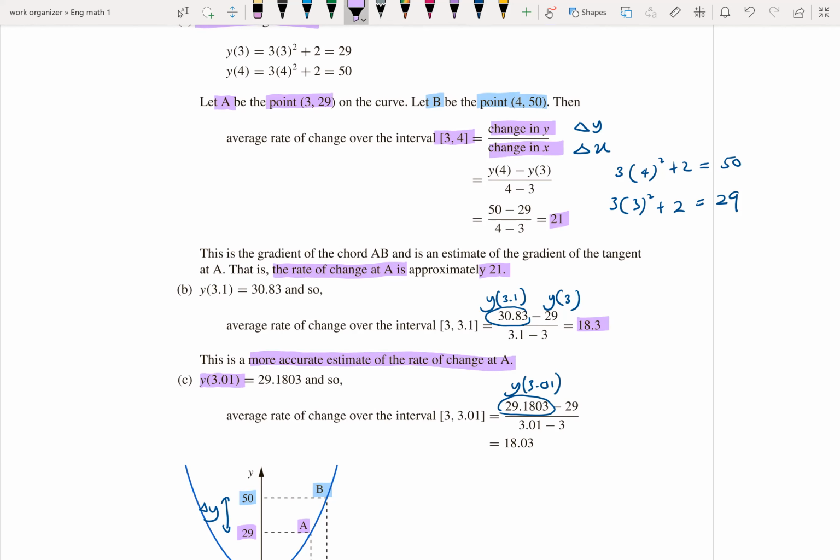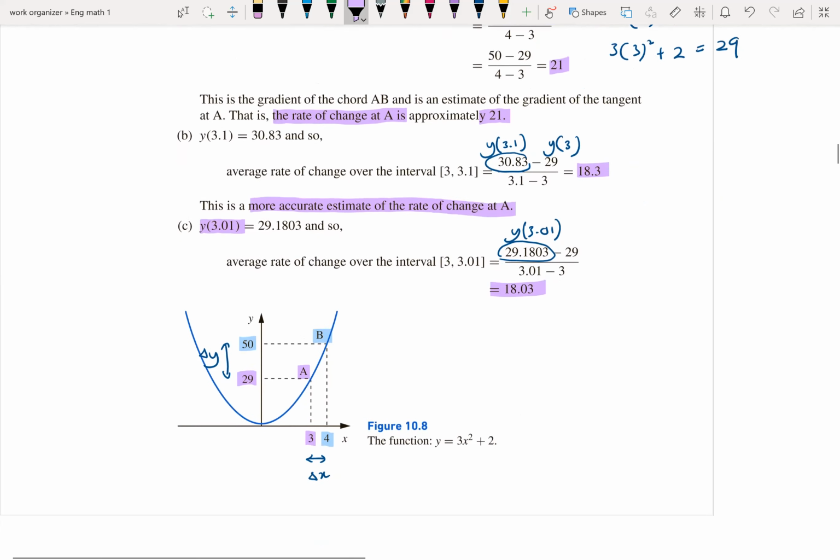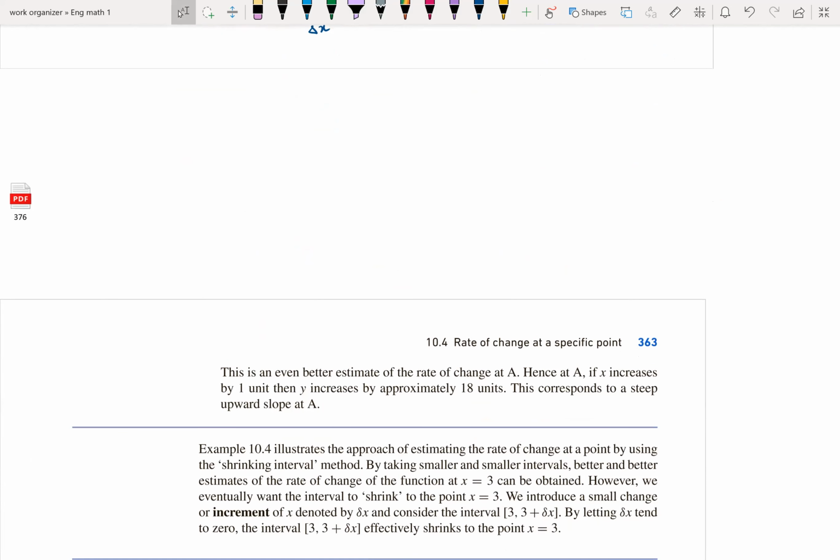Lastly we get 18.03, which is smaller than the previous interval in B. So we can say that if x increases by 1 unit, then y increases by approximately 18 units, for the particular function in this example.